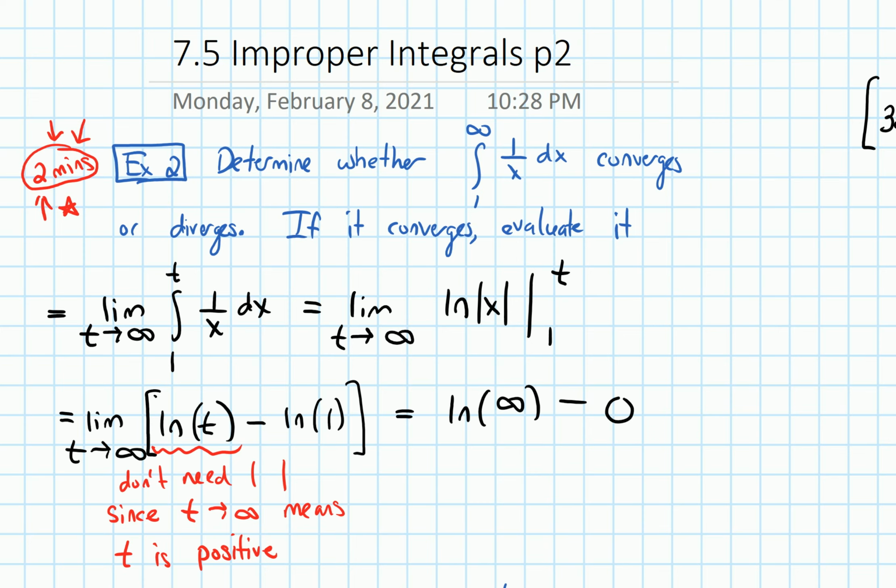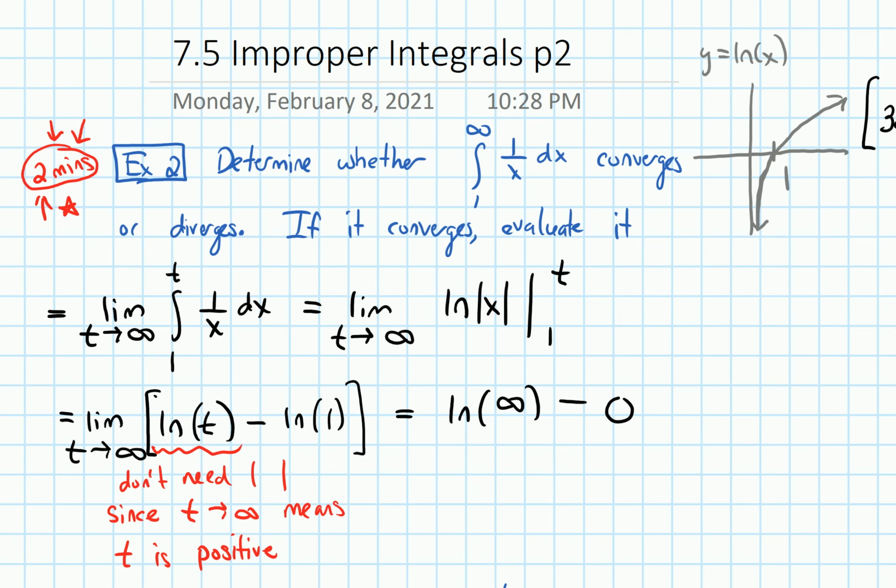It might be helpful to remember what the graph of ln looks like to remember, well, what's ln of infinity? So recall that the graph of something like y equals ln of x looks like this. It has a vertical asymptote as x gets really, really close to 0, and this x-intercept is at 1.